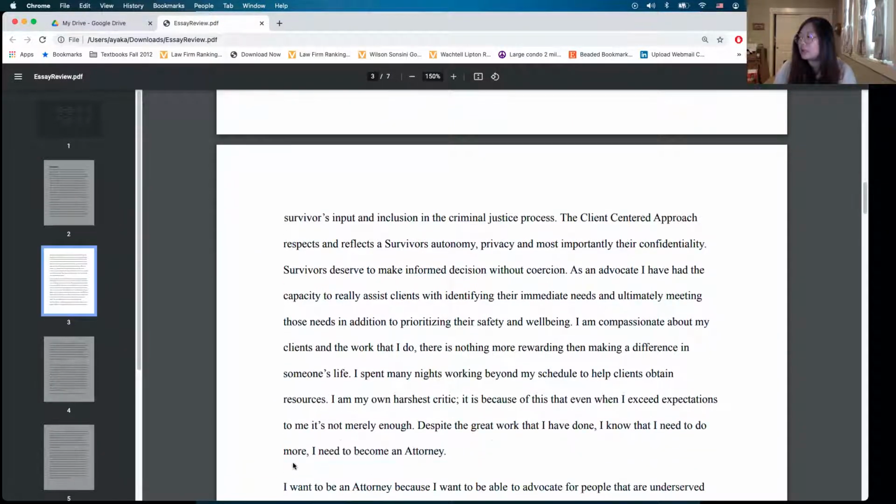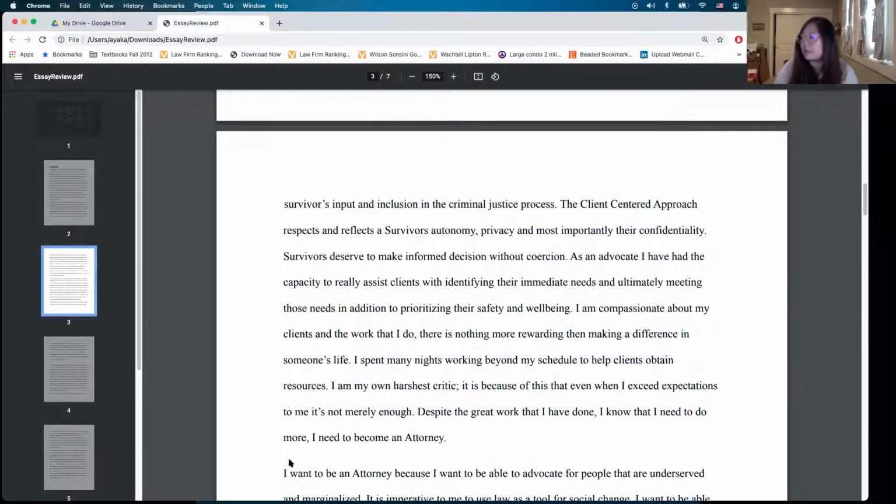The client-centered approach respects and reflects a survivor's autonomy, privacy, and most importantly, their confidentiality. Survivors deserve to make informed decisions without coercion. As an advocate, I have had the capacity to really assist clients with identifying their immediate needs and ultimately meeting those needs in addition to prioritizing their safety and well-being.